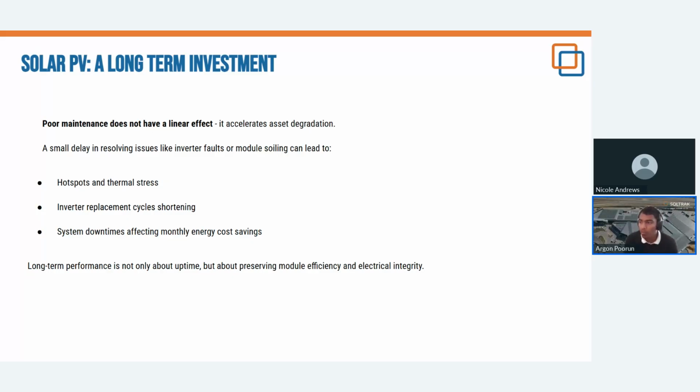Any small delays, any poor maintenance or lack of attention given to the asset can compound into issues such as hotspots and thermal stress on the panels, inverter replacement cycle shortening, so needing to replace your inverters much sooner than you might have originally modeled for, and then also significant downtimes where you are losing out on the energy cost savings that you've modeled into your financial model.